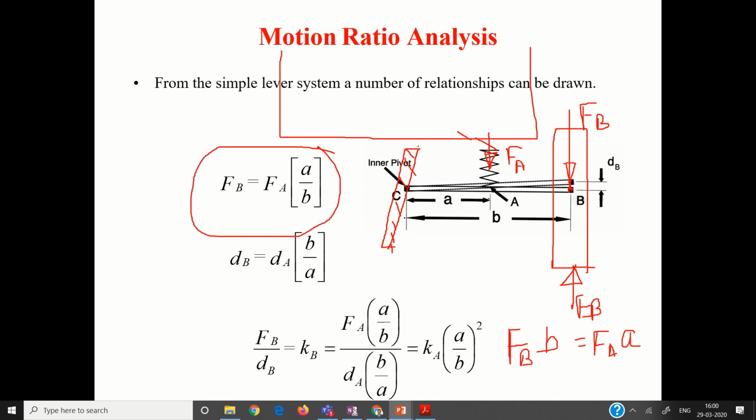So now the displacements you can say here, this is dA. Now FB, you can replace this by dB. dAB by A we can write because it's proportional. If I divide one by the other, I'll get like this. So this you call motion ratio.